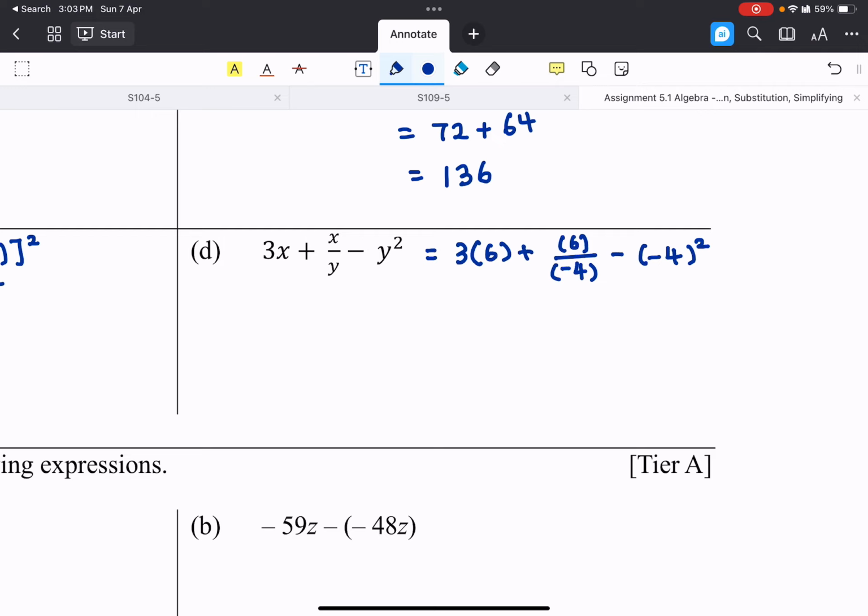Let's resolve them carefully. 3 times 6 is 18, right? So over here we have negative 3 over 2, right? And then negative 4 squared is 16, so minus 16 over here. Okay, so from here, we simplify this to half. You can have your calculator assist you here. Right, so that's for question 3. Let's move on to question 4.